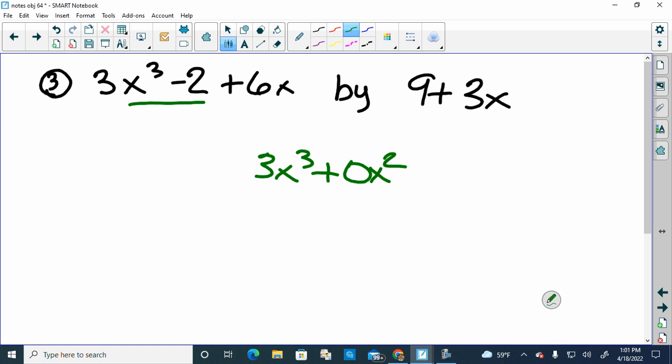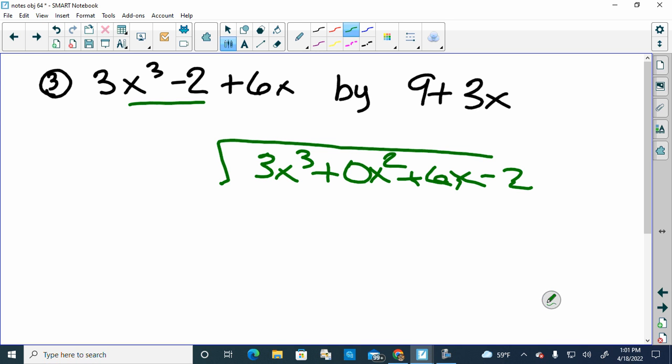So there's your 3, there's your 2. So the next thing would be 6x, and then a minus 2. Now it's in the order it's supposed to be in. But on the outside, it should be what? Right, 3x. Now, let's try it and we'll see how you do.